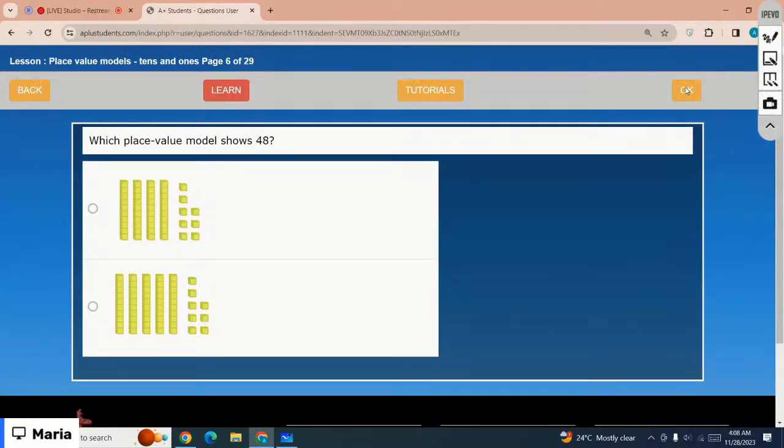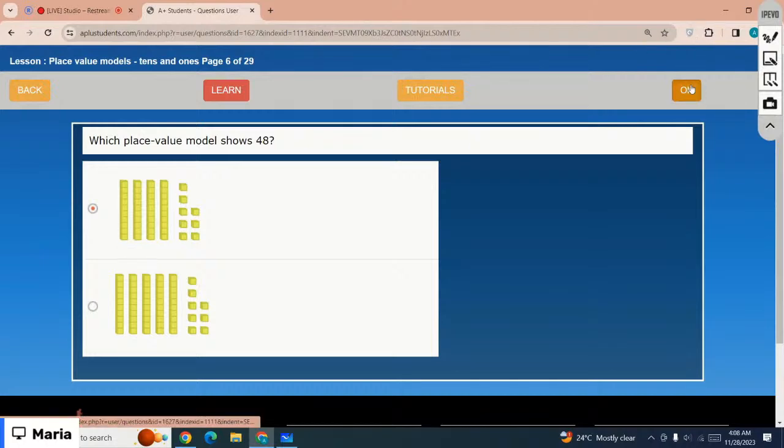Which place value model shows 48? Which is the correct option? Yes, the correct option is option number 1. You can see 1, 2, 3, 4, 5, 6, 7, 8, and 1, 2, 3, 4.